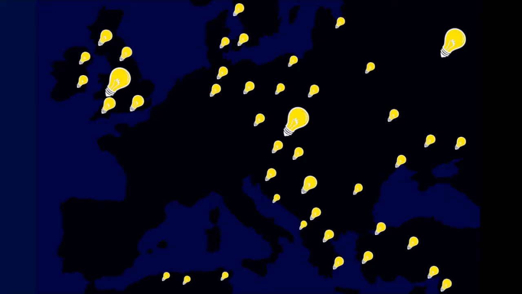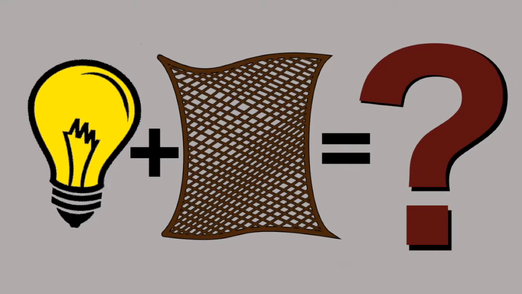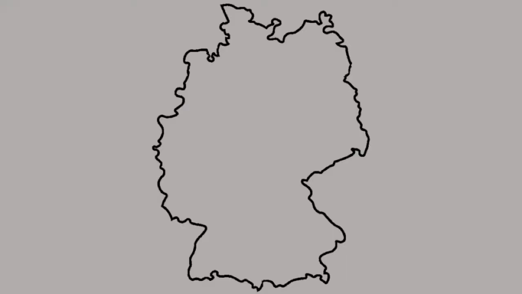To understand what happened there, we have to ask, what is a power grid? In Germany, there are power plants in which wind energy is converted to electrical energy. What we call electrical energy, you understand colloquially under power. And there are cities in which electrical energy is needed.